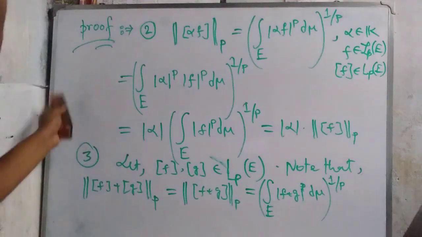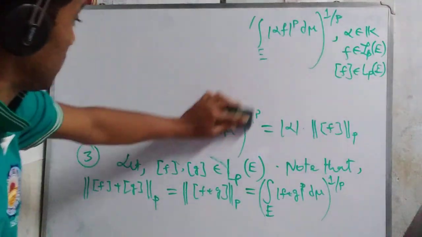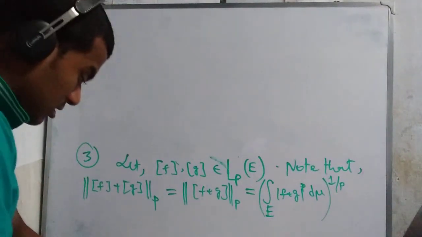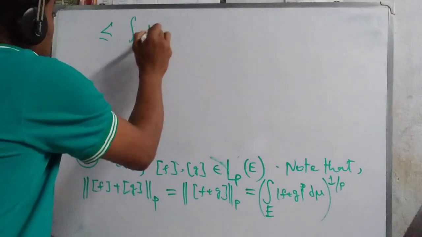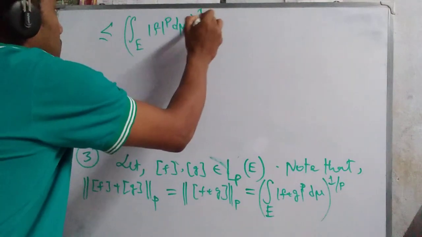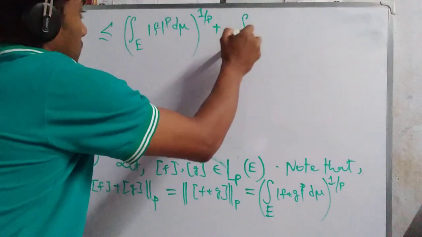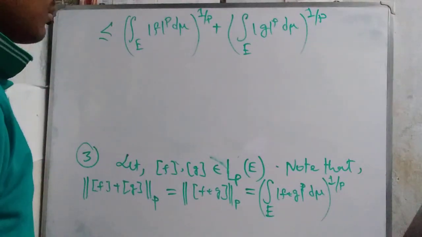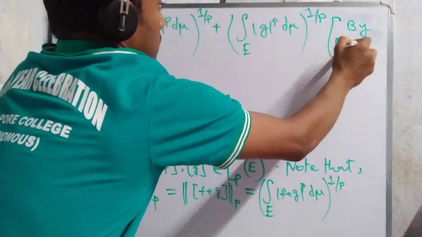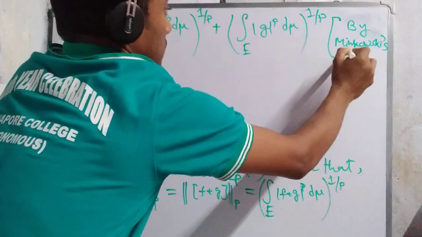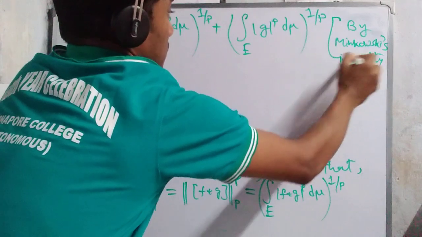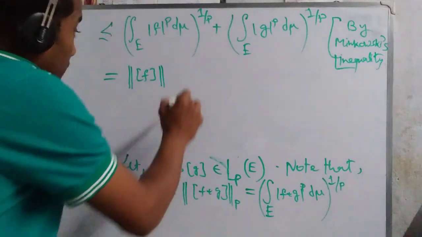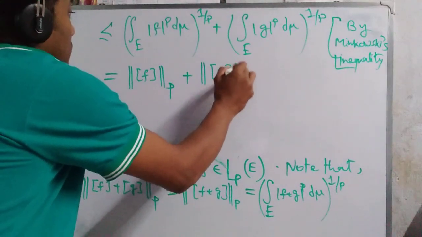Then we use here the Minkowski inequality. This equal to norm of f p plus the class of g p, okay.